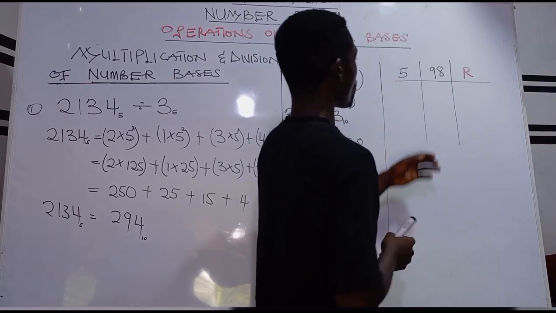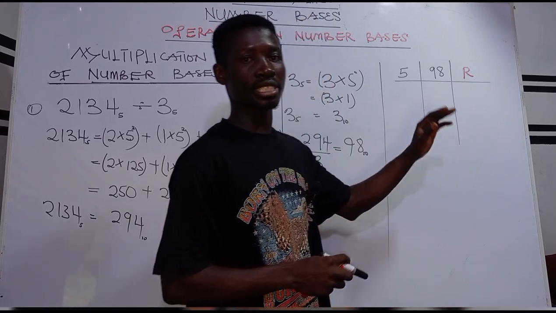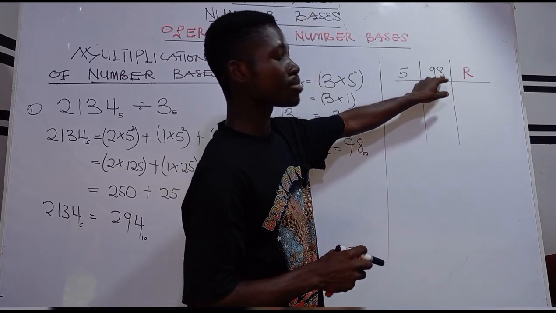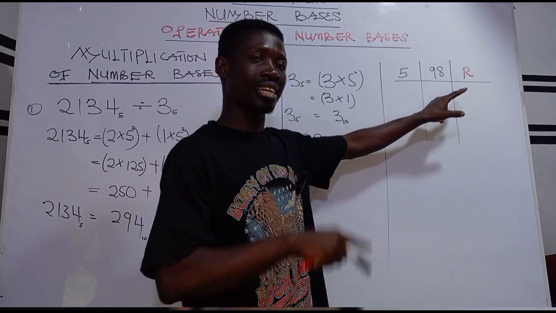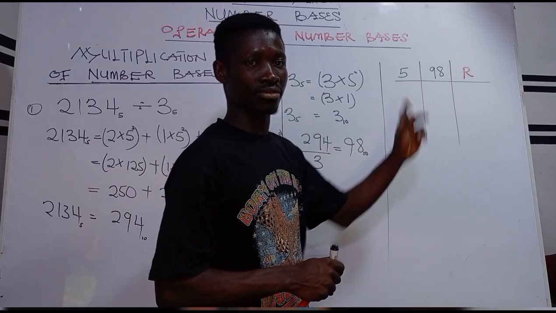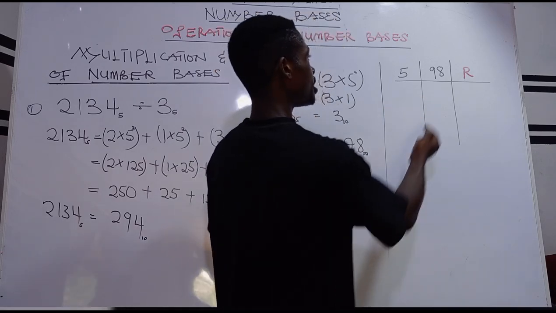So we are going to use the method called successive division or repeated division. We are going to divide the decimal number until nothing is left, or the number that is left is less than the divisor, which is 5. Good. So let's start with our division.